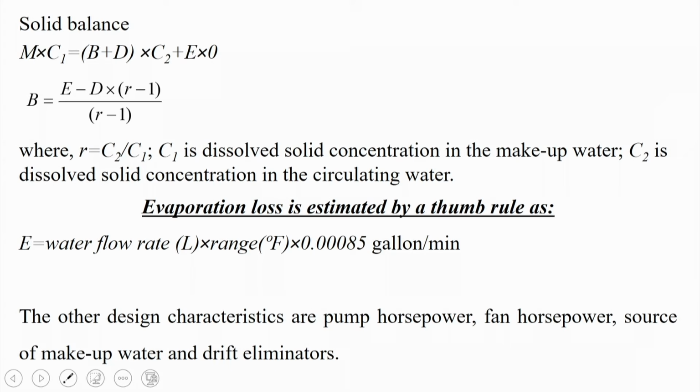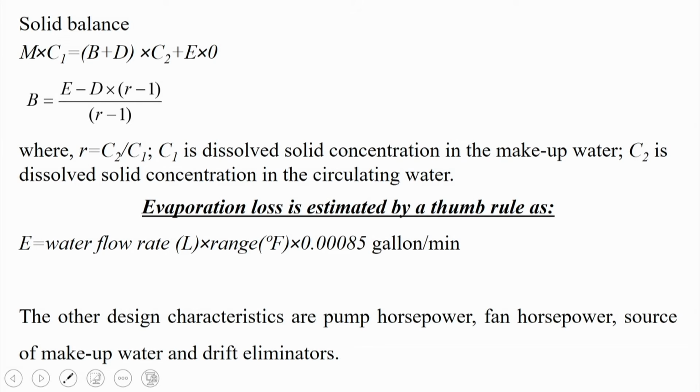C1 is the dissolved solid concentration in the makeup water and C2 is the dissolved solid concentration in the circulating water. There is one thumb rule for the calculation of the evaporation loss: E is equal to the water flow rate into the cooling range in degrees Fahrenheit into 0.00085 gallon per minute. That is the thumb rule, and in most cooling towers this holds good.